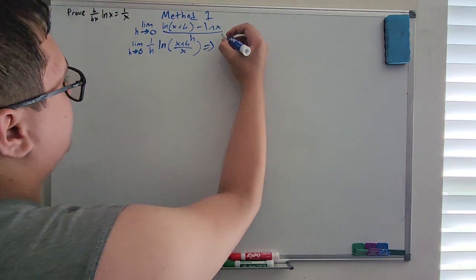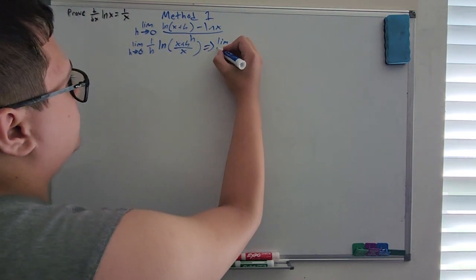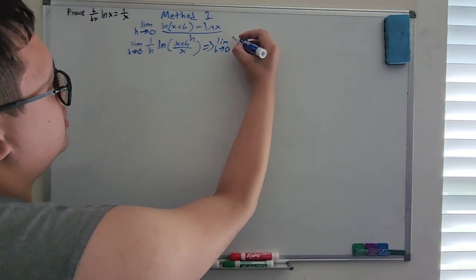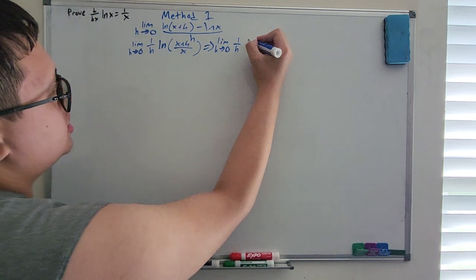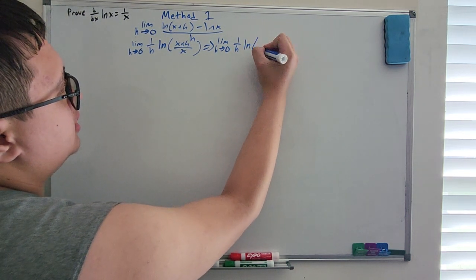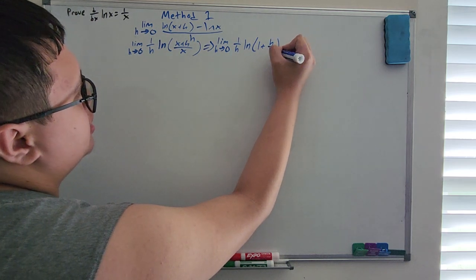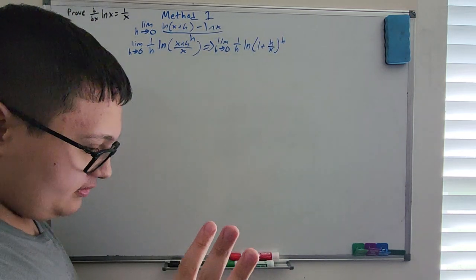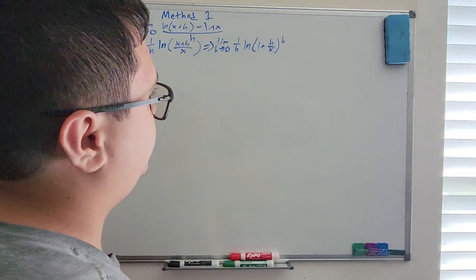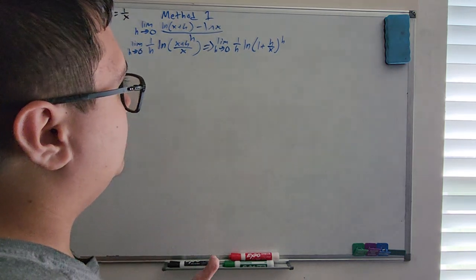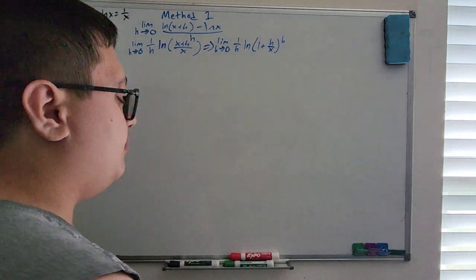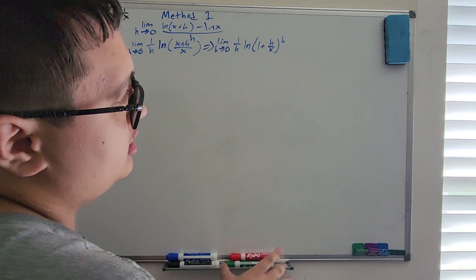So this would just equal the limit of h to 0, 1 over h, ln, and then 1 plus h over x to the h power. Now, this looks mighty familiar to a certain number, you could say, which is e.